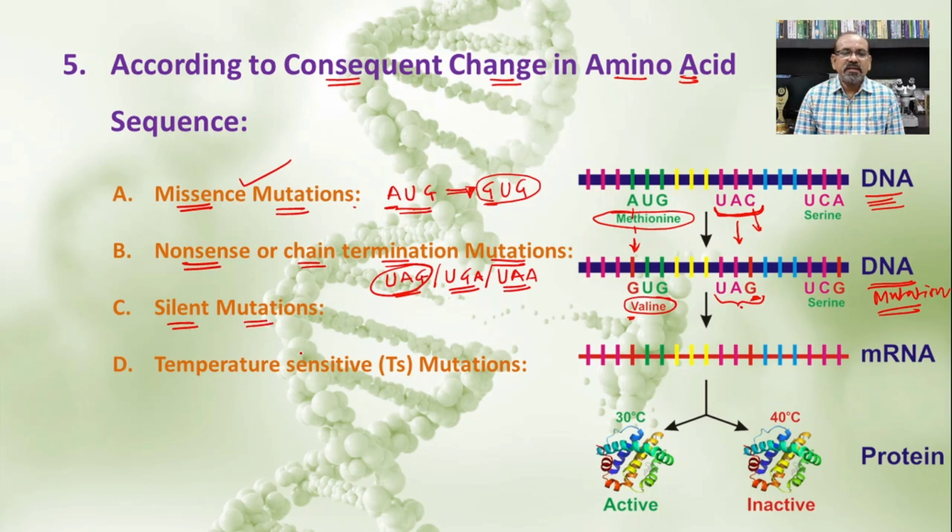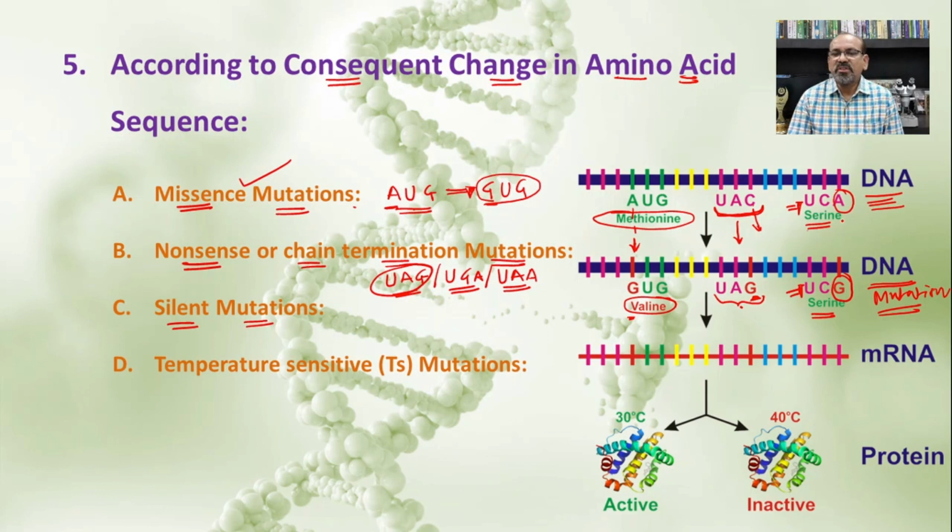If we see the sequence of nitrogen bases on the DNA which are responsible for the formation of codons, there is a change here at the third place: there is adenine, and after the mutation the adenine is replaced by guanine. So the sequence UCA is later changed to UCG.